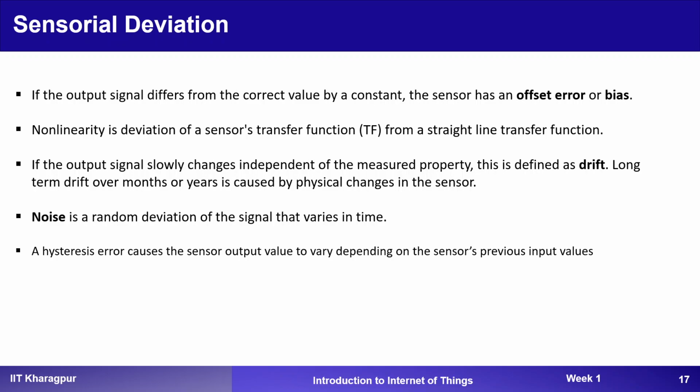For example, consider an industry where you have deployed a temperature sensor over a machine. The aim is that whenever this machine heats up, we need to switch off the machine. So we deploy a temperature sensor which measures the heat of that particular machine.